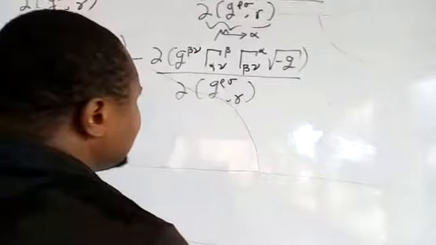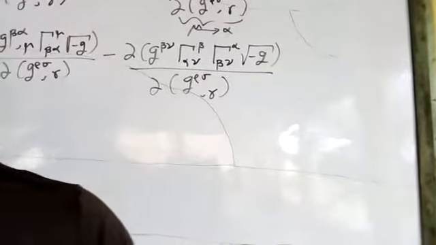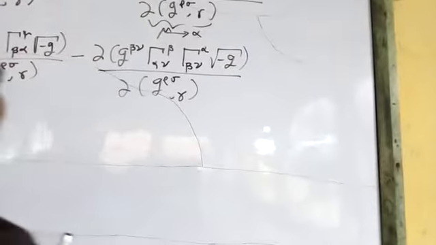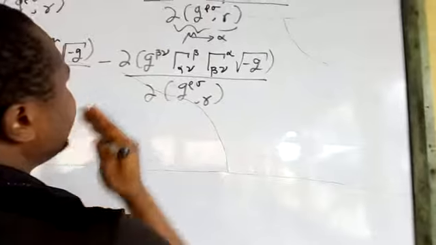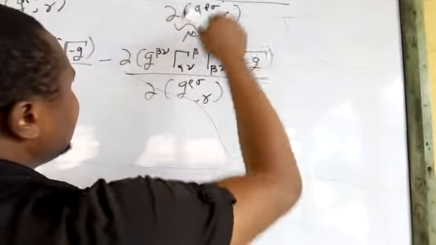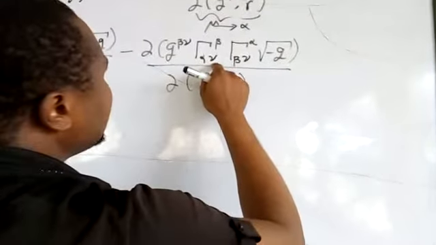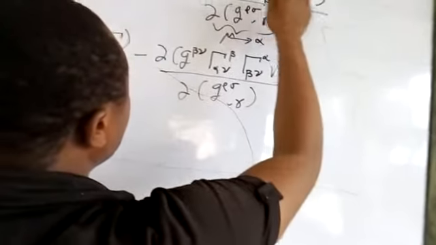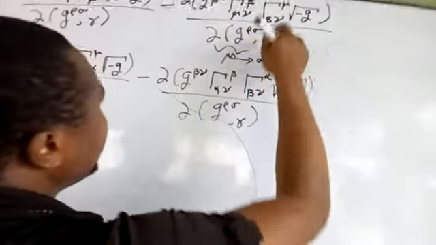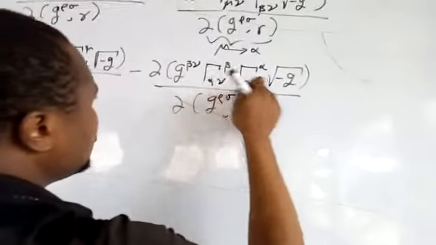Okay, so looking at this again, what else will I want to do to make this almost the same? I've changed mu to alpha, and then I have mu here. We have got nu here. And also here, the mu here is alpha, so we've got two nu's here.